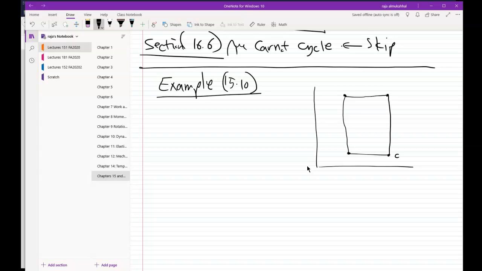So this is C going this way, going this way. All of it is A to B, D, excuse me. And that's B, and this is A. And the number here is 3, and the number here is 8, okay?